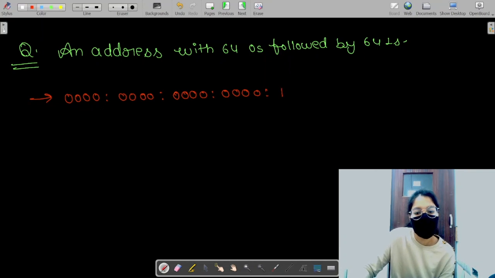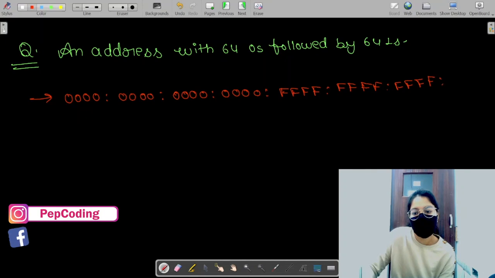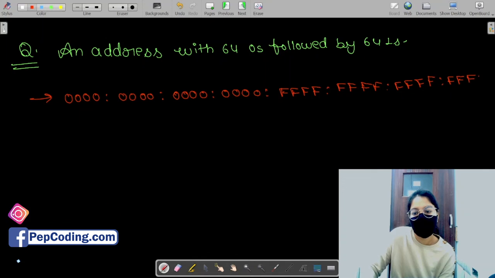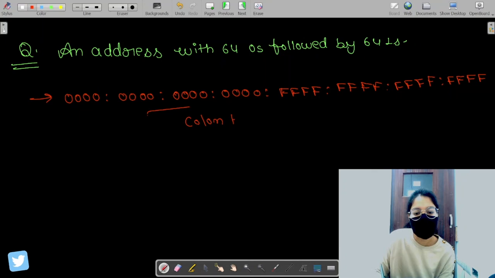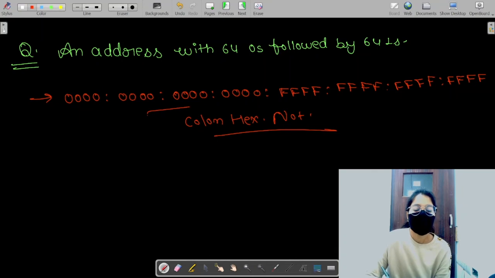For 64 ones, we can say FFFF, FFFF, FFFF, FFFF. So this is the colon hexadecimal notation. Okay. Like this we can convert this into dotted decimal notation also. We can use mixed representation also.